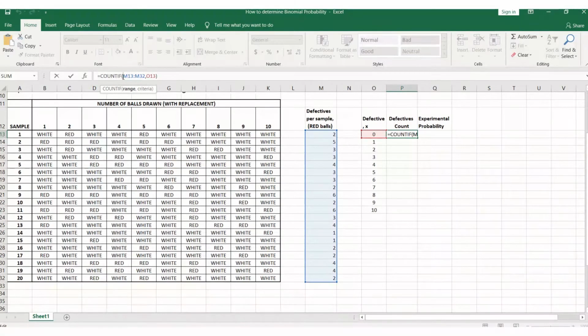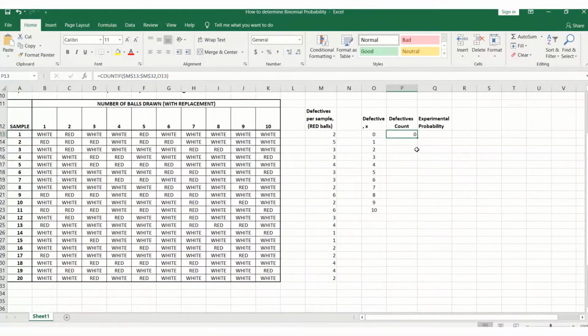We have to count the number of instances in which there will be 1 defective, 2 defective. So I just give a dollar sign here, and a dollar sign here, so that the values will remain unchanged. Now I can easily drag it down.